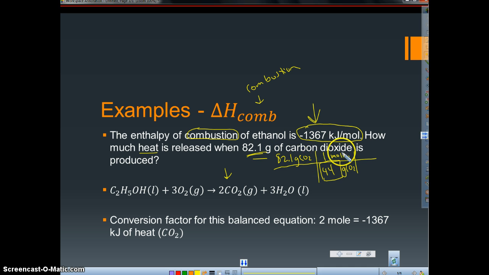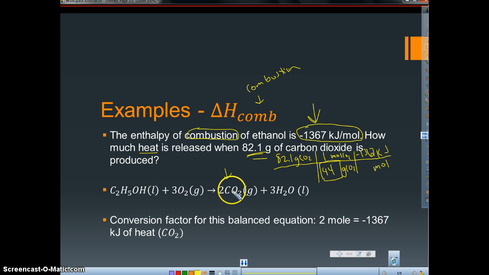All right, so now I'm in moles of CO2. I need to incorporate heat, so I don't want moles. I want heat, and the unit for heat is kilojoules. This reaction tells me there are negative 1,367 kilojoules for this reaction to happen. Now, this isn't per 1 mole.